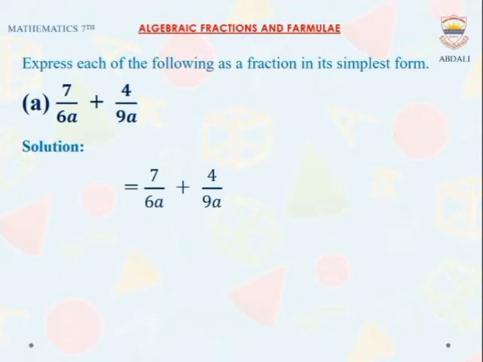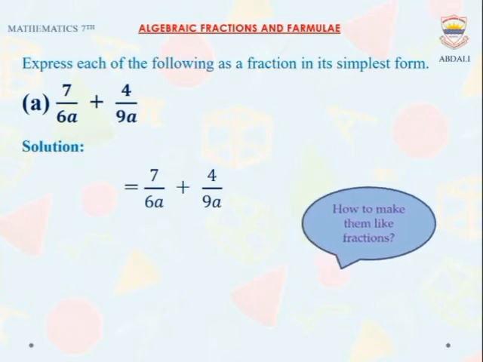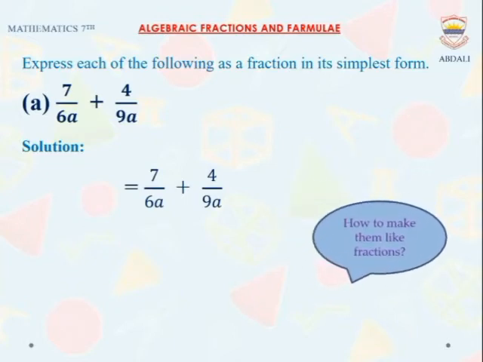So, here comes a question: how to make these fractions like fractions? Think about it. Yes, we have to make their denominators the same. So, the first fraction will be multiplied by 3 and the second fraction will be multiplied by 2. Then the result will be the same denominators.